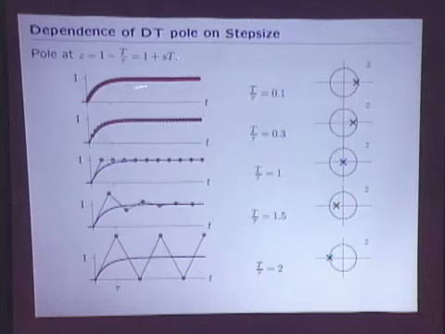The 1 plus sT, which is what I found here, is the same as the 1 minus T over tau that we found for the particular example of the leaky tank.